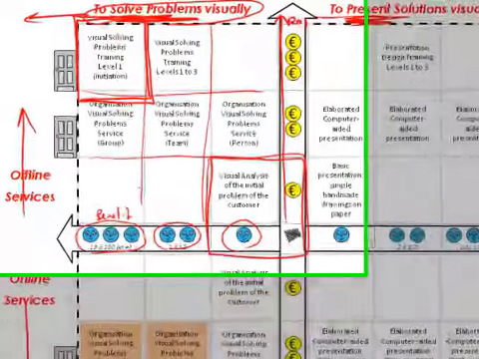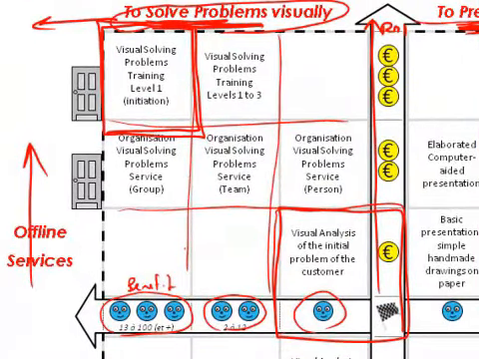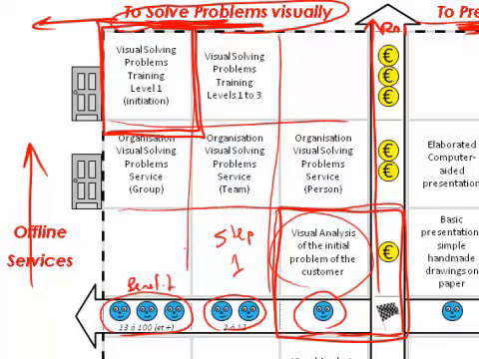For example, there is one person who can benefit from this product. It's a visual analysis of the initial problem of the customer. Exactly what we were talking about a moment ago. Yeah, exactly. So it's a special part of my job because it's the first step. And okay, I will draw the four pictures, and after this job, we can decide.